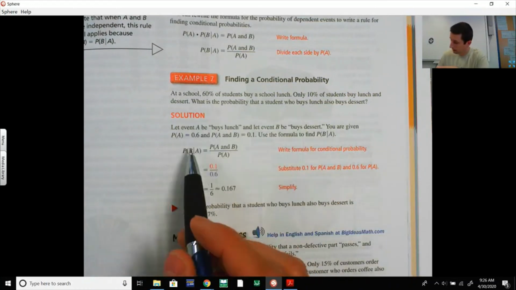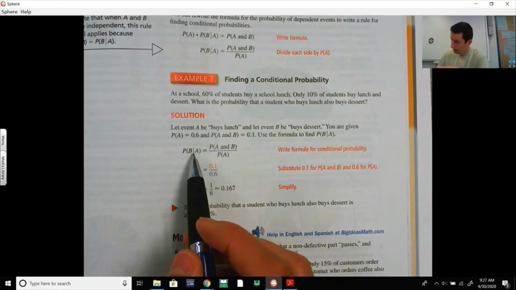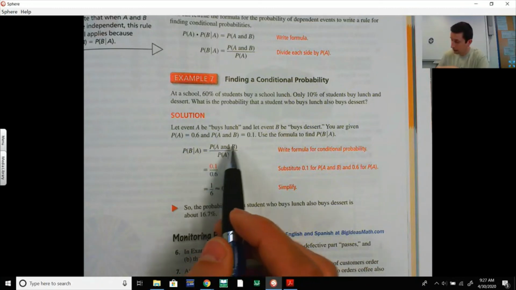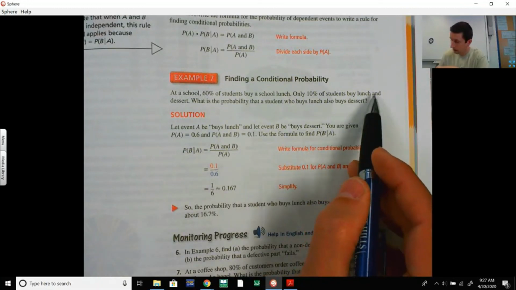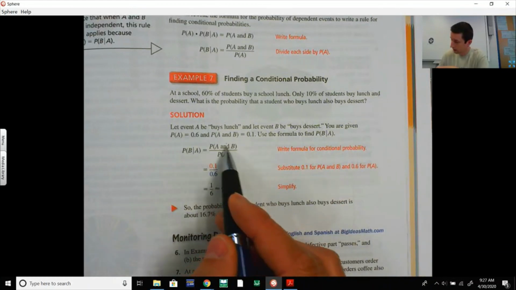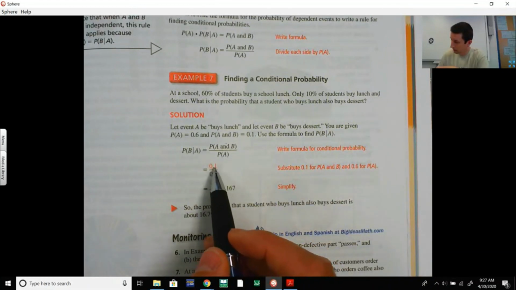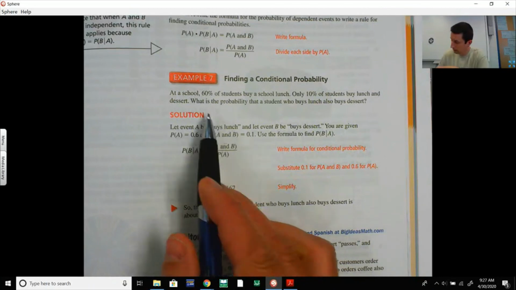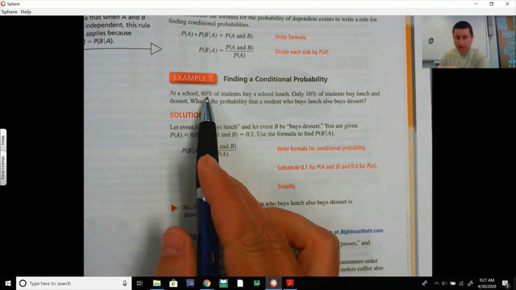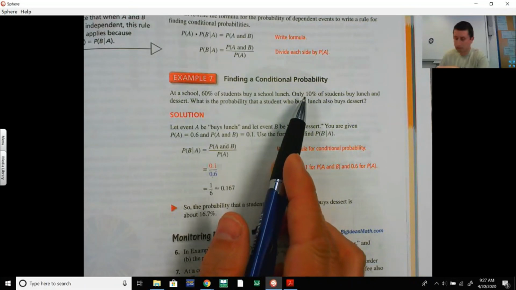So the probability of B happening, given that A is happening, is the probability of A and B. A and B, there's the A, lunch, and dessert. That's A and B. There's the and. That and right there is that and right there. So they give 0.1, 10%, over 0.6, 60%, and they get their conditional probability. So they take the larger percentage, basically, divided by the smaller percentage.